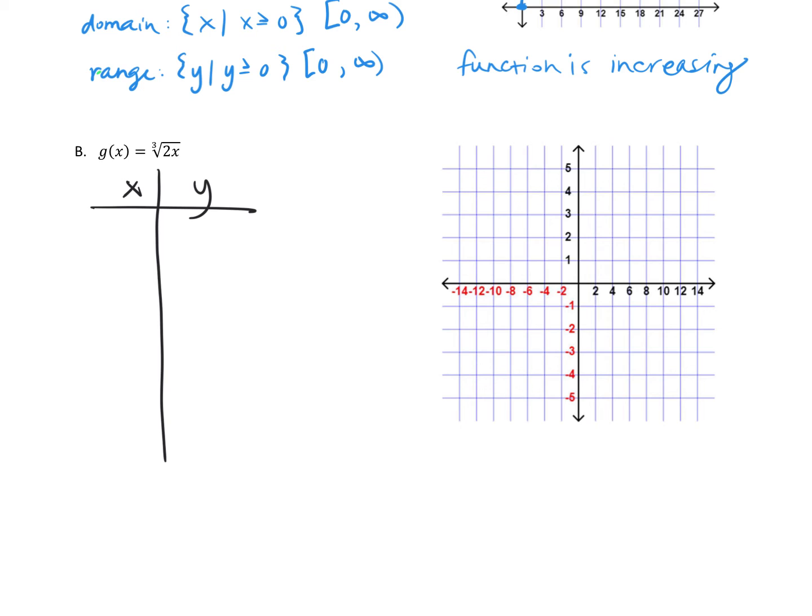So if you think about our perfect cube numbers, we have 1, 8, 27, 64, and it goes on. We can include 0 in here because you can cube root a 0, and then we can include some negative values as well.